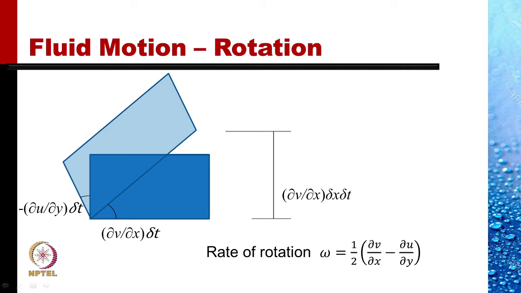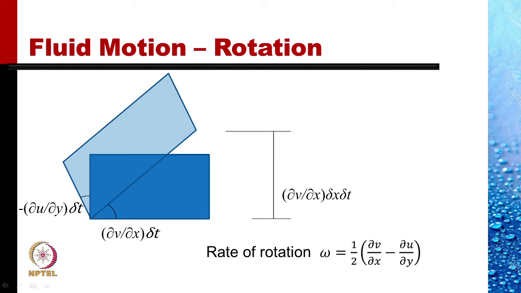Those of you who are familiar with vector calculus would recognize that dv by dx minus du by dy is nothing but curl of velocity, del cross v vector. So the rate of rotation omega z is 1/2 of the curl of velocity.